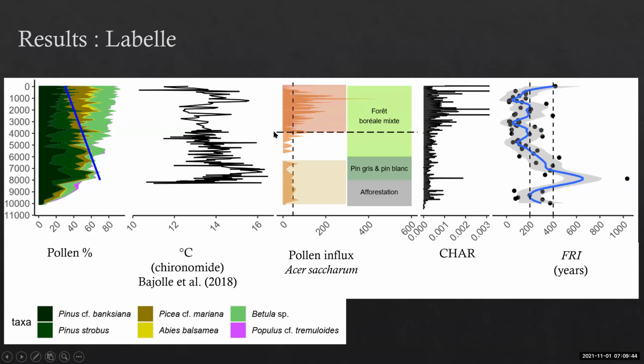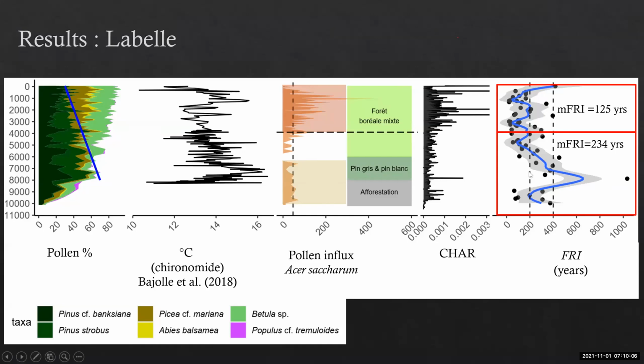But around 4,000 years ago, the pollen influx of Acer saccharum goes above the local threshold value, and it keeps being above it for a long period of time. So I'm going to take this time as the beginning of the establishment of the species.